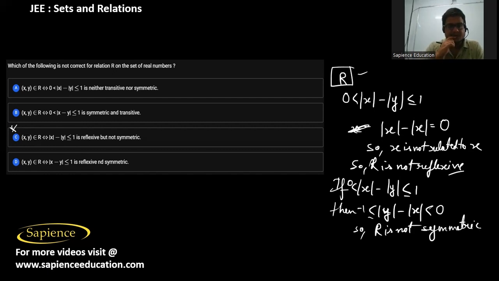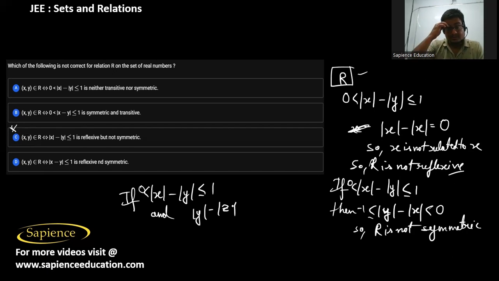Now is it transitive? We have to check. So if mod x minus mod y is from 0 to 1, and also mod y minus mod z is from 0 to 1, then we can't say that mod x minus mod z will be from 0 to 1. Why?